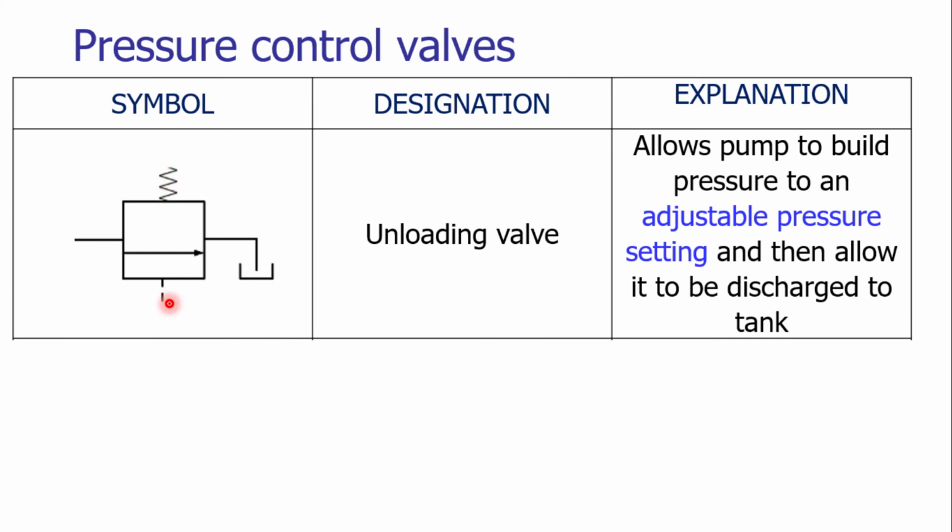When the external fluid pressure, the pilot pressure, is applied to safeguard the system, the valve will open and allow the excess pressurized fluid to pass through the valve, and that will be sent to the tank. In this way, the unloading valve is controlling the pressure, and that has been designated by using a simple representation.